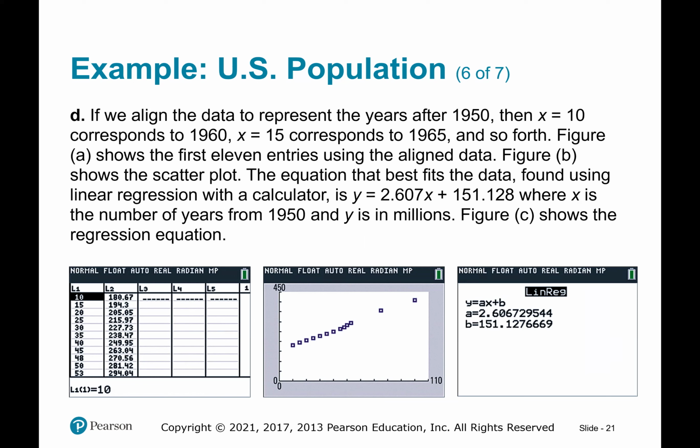So when we put our data in our calculator, we aligned the data to be the years after 1960, so our X value started at 0. If it's after 1950, 1960 minus 1950 would be 10. So what we need to do to realign this data is change all of our L1s by 10. We need to add 10 to it. So do I want to go back in there and type 10, 15? No, I do not. So here's what I'm going to do.